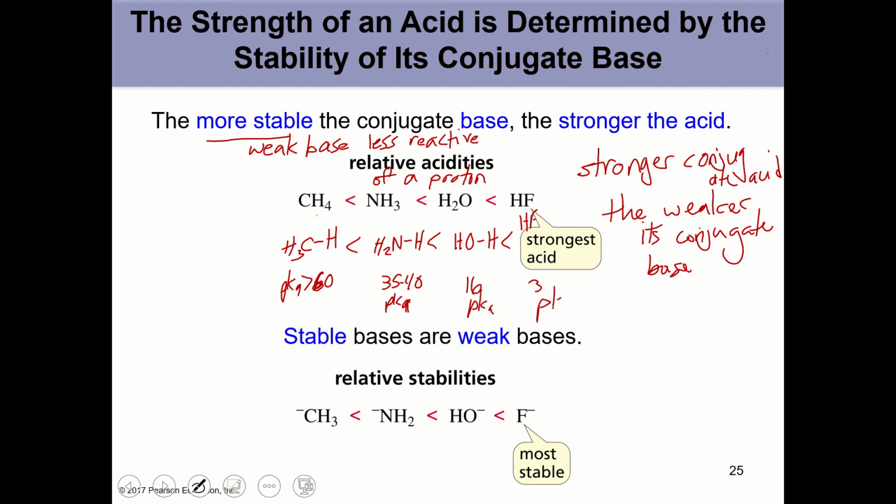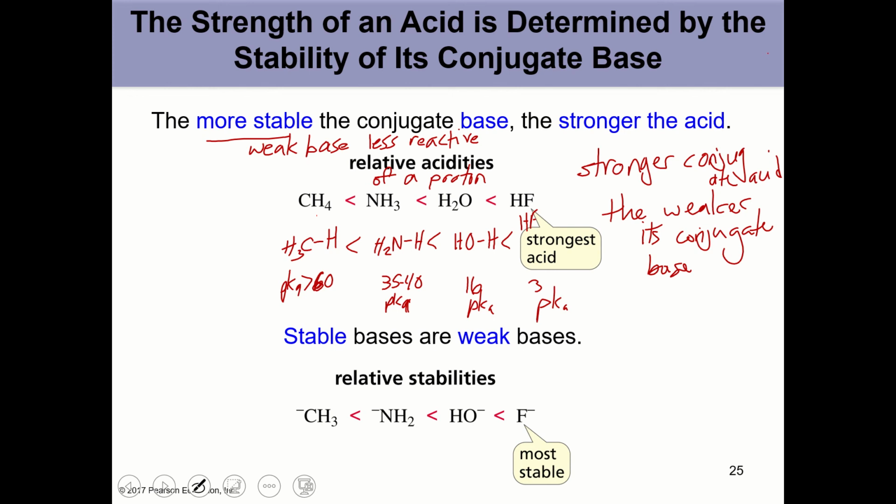And as we go towards the more electronegative atom bonded to hydrogen, fluorine, the pKa is decreasing and we are increasing in acidity.